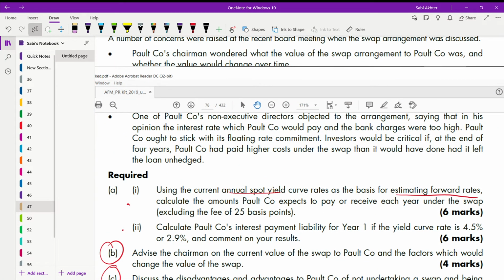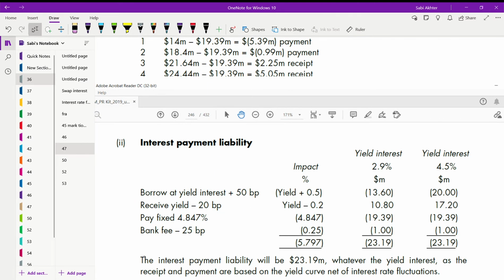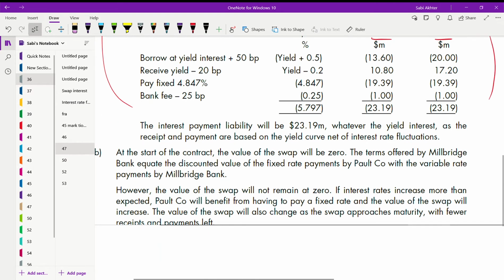Okay, so here is the yield curve at 4.5 and 2.9. You have to show the payment. That's why they have taken 2.9% and 4.5. So make sure that this also you have covered in my video, which I have previously explained.